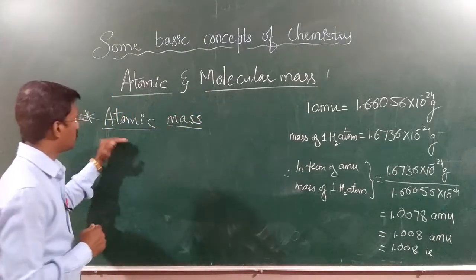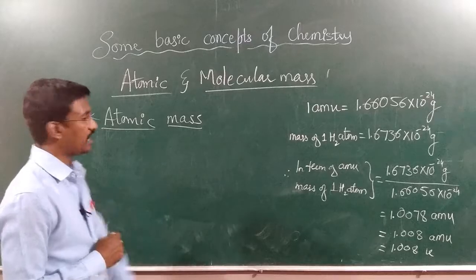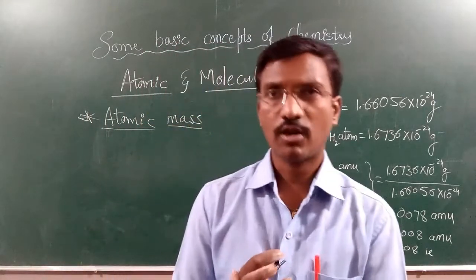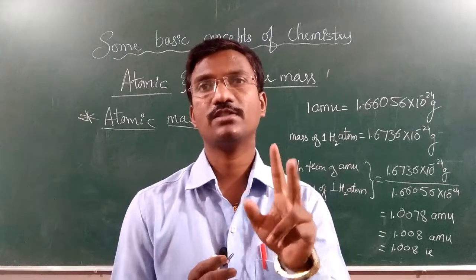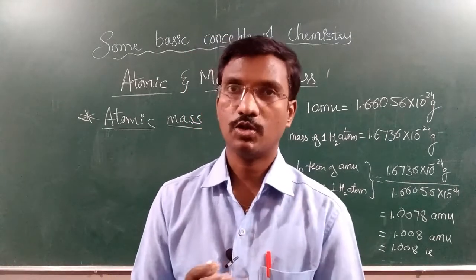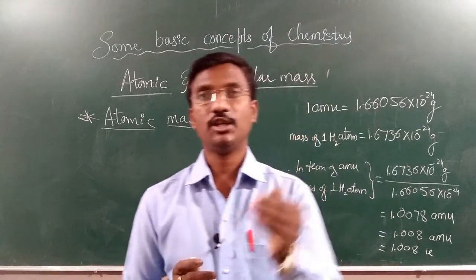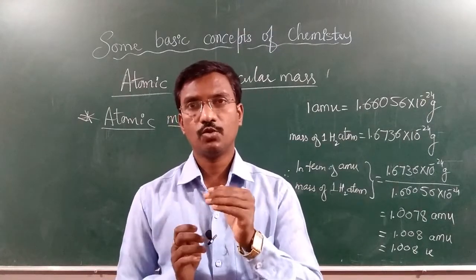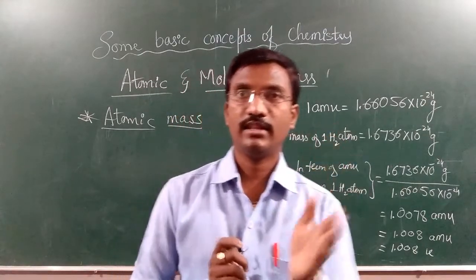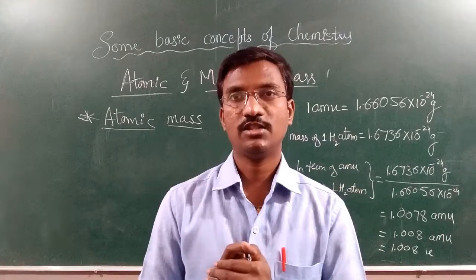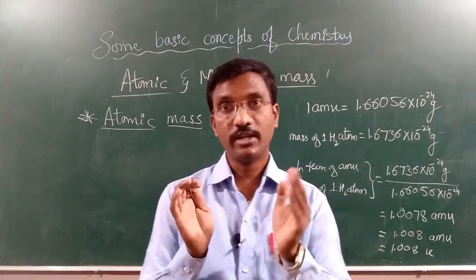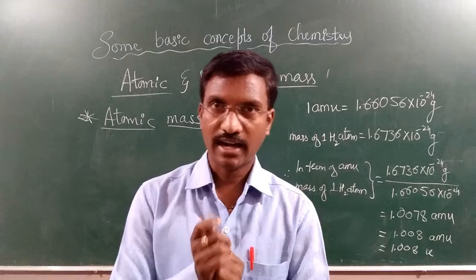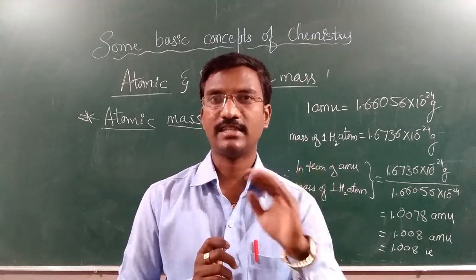But the first term in this heading is atomic mass. You are familiar that hydrogen has mass 1, oxygen is 16, carbon is 12. But how was this atomic mass initially determined? At the beginning of the 19th century, we did not have instruments to measure the masses of atoms, because atoms are very small, negligible.